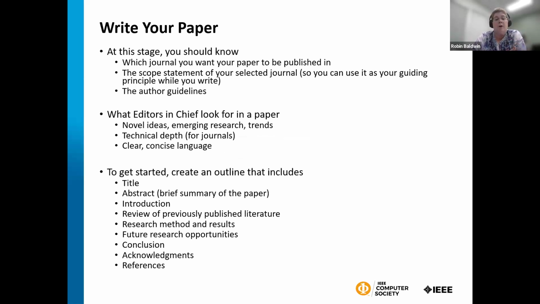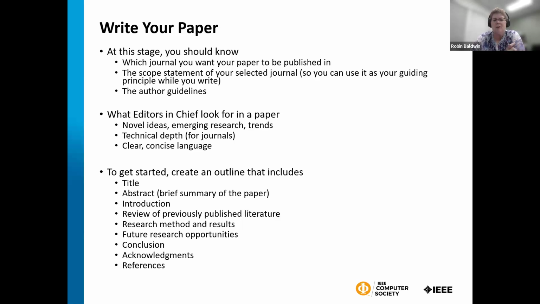And what they're looking for in papers are ones that have novel ideas, emerging research, and trends. For journals in particular, they're looking for technical depth. Our magazines are, I would call, more of a broad scope, and they're often applications oriented. And using clear, concise language in your articles is really important as well.